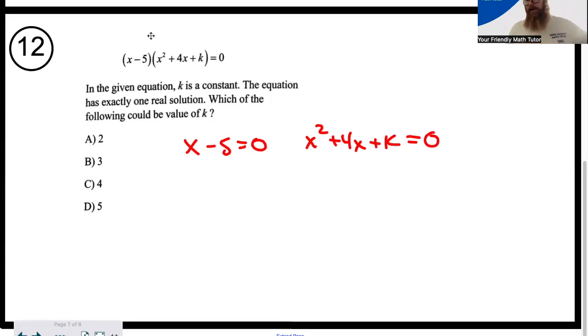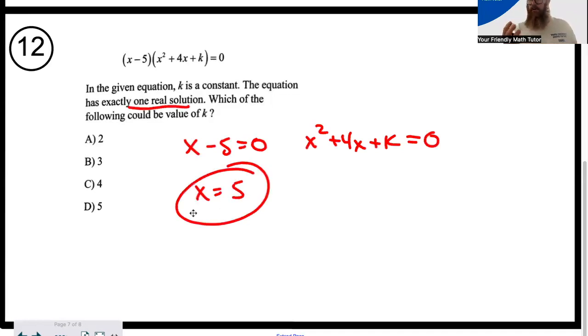This is already factored for us, so each factor has to equal 0. Well, this gives us x equals 5. It says there's exactly one real solution, and that's our real solution. So that tells us the other factor should have no real solution, because we already have our real solution.